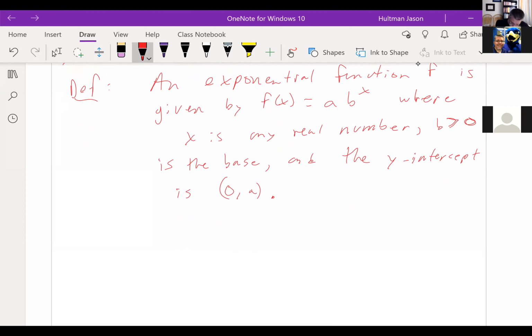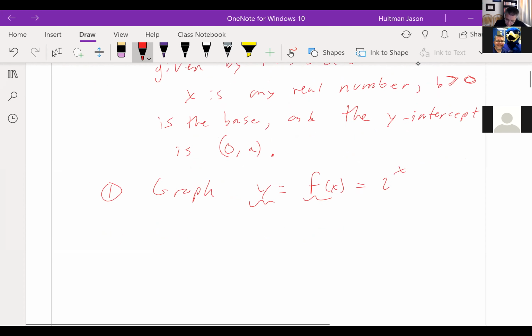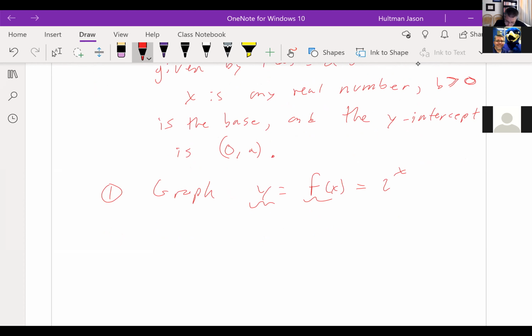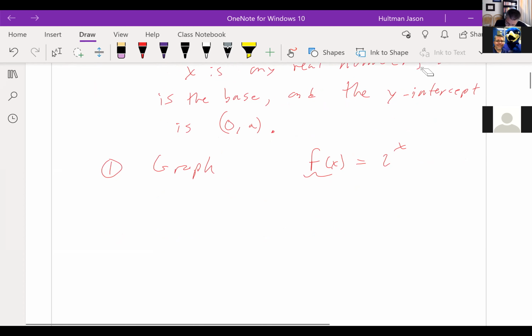Okay, so let's look at this one here. Number 1, graph the function y equals, which is f of x, equals 2 to the x. So y and f of x are the same. Let's plug in some numbers.